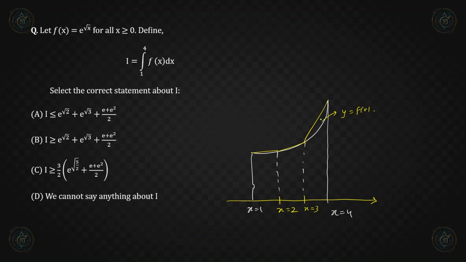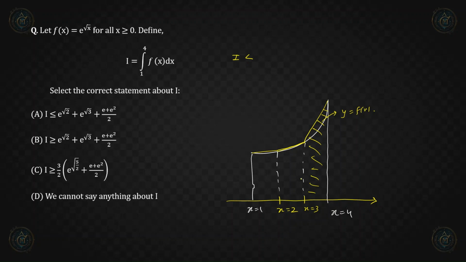So we can see clearly the area of this trapezium will be greater than the area between x equal to 3 to x equal to 4. And the same goes for this, because here the graph is also concave upwards, and also here the graph is concave upwards. That means our total integral will always be less than the total sum of areas of all the three trapeziums.